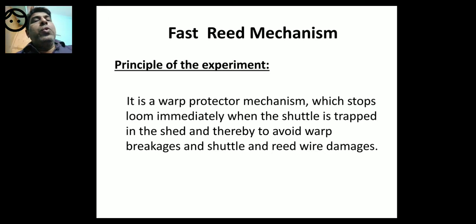What is the advantage of stopping the loom? Warp breakages are avoided, shuttle damages are avoided, reed wire damages are avoided. So these are the principles of the experiment.